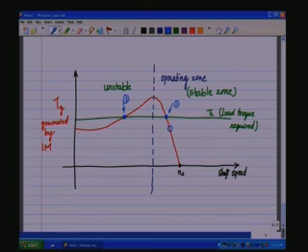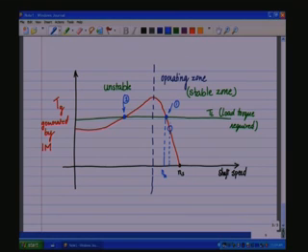Due to some disturbance, external disturbance, or change in parameters or whatever. So which means that here the speed, what was rotating at nm, is now going to be rotating at a speed that is much higher than nm, but the torque that is generated by the motor is lower than TL.